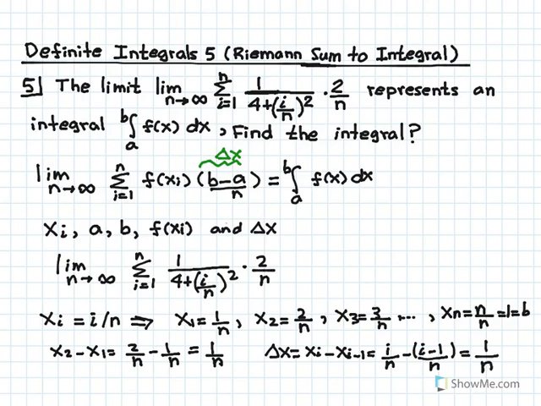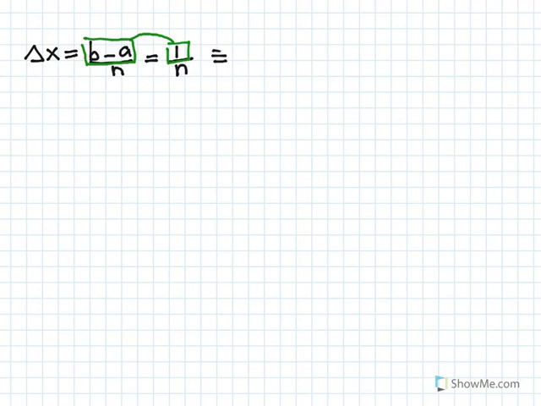That is delta x. So delta x is equal to (b minus a) over n, which is equal to 1 over n. If we equate the numerators, clearly we can see that b minus a is equal to 1. That implies that a is equal to 0, since b was found earlier to be 1.